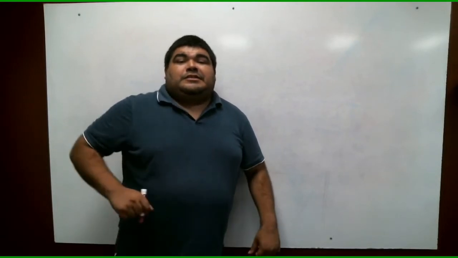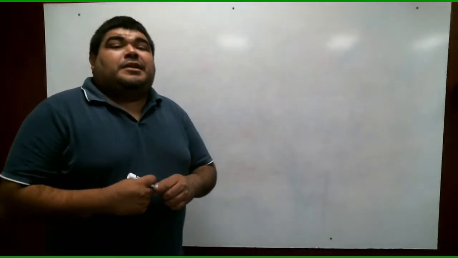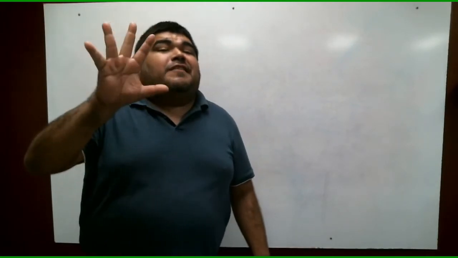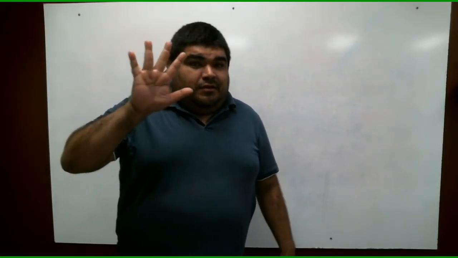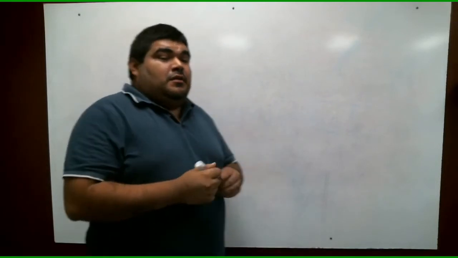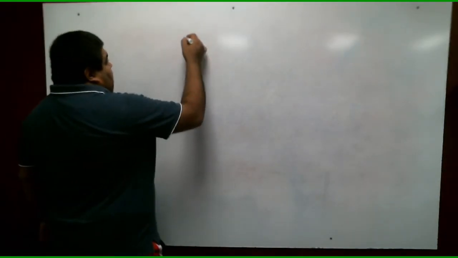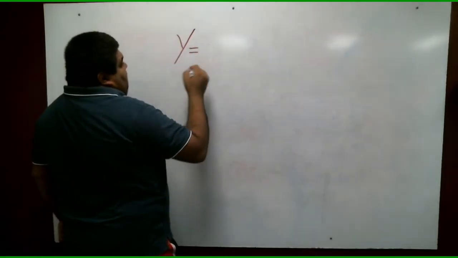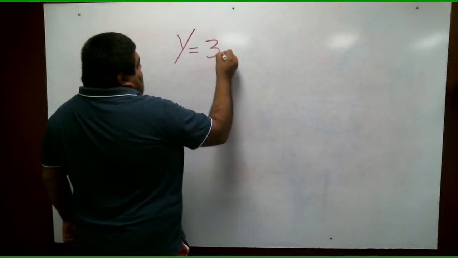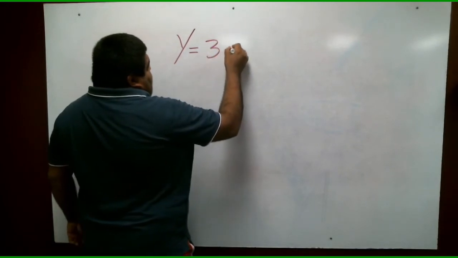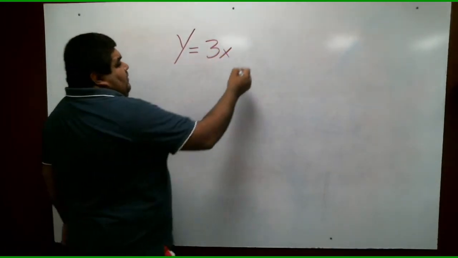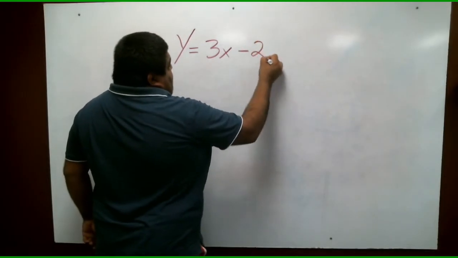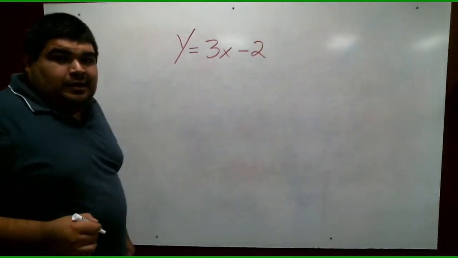All right, guys, your assignment for today is, I'm going to give you guys 5 points. I'm only going to give you one problem, but it's going to be 5 points, okay? So you have a graph with 5 points. Your equation is y equals 3x minus 2. Okay?